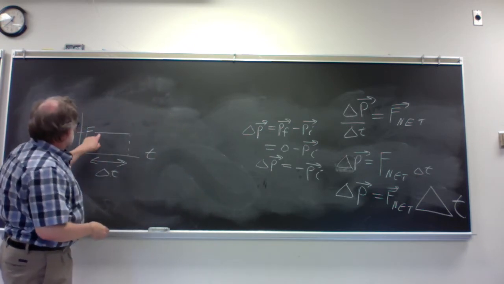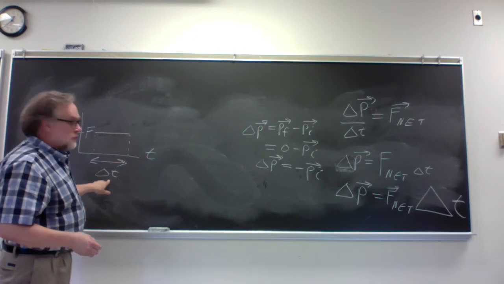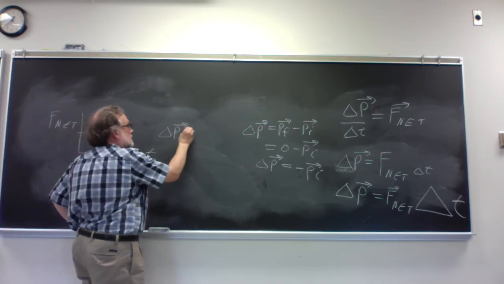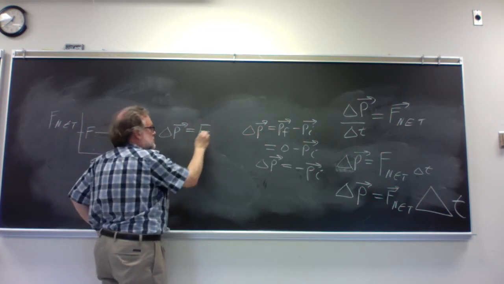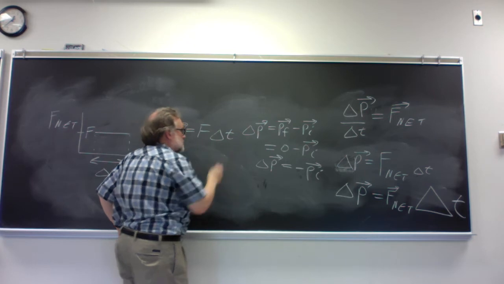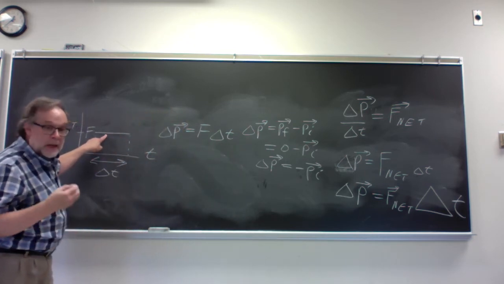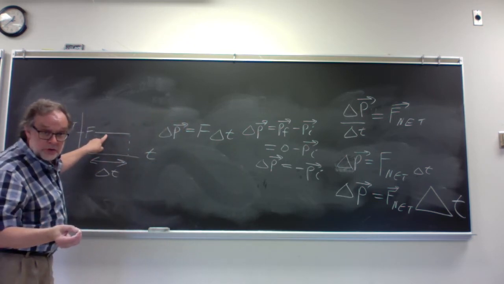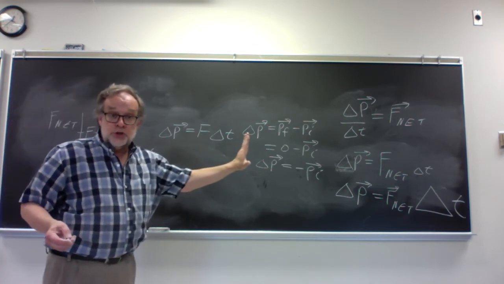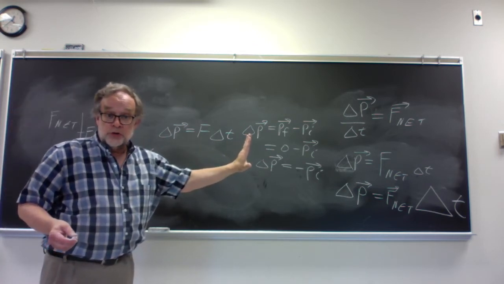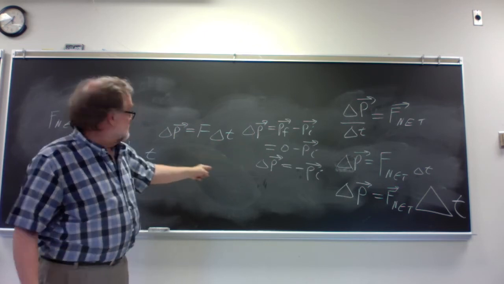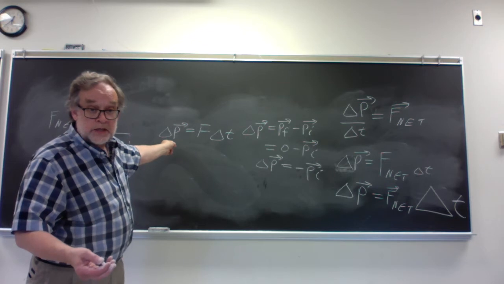Well, this is the value of the net force for this long, so the momentum change is just that force times that length of time. It's a positive force, so it's going to push you in the forward direction, and so it gives you an increase in your positive momentum.